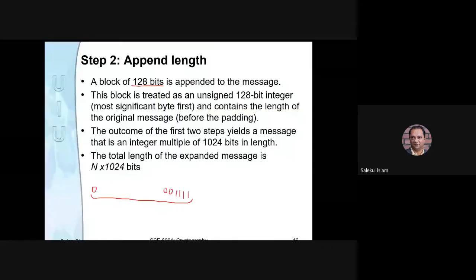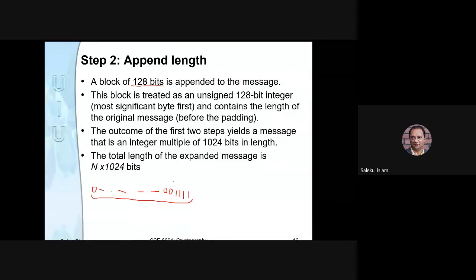Then we have to add all zeros here, adding 0s to make it 128 bits. An unsigned integer means when you write only the positive numbers, where there are no negative numbers, so everything is allocated for writing the number.